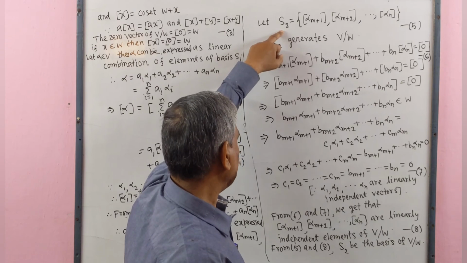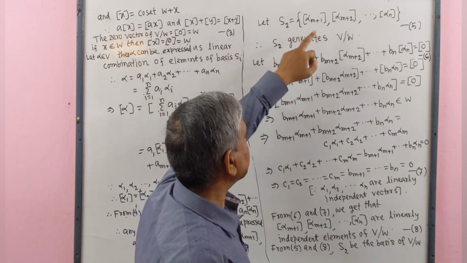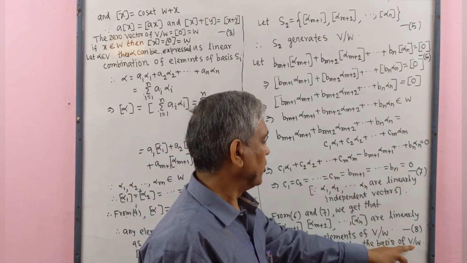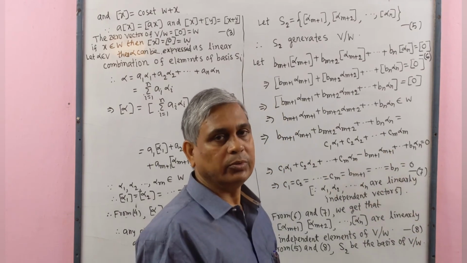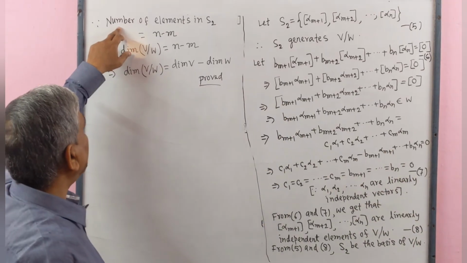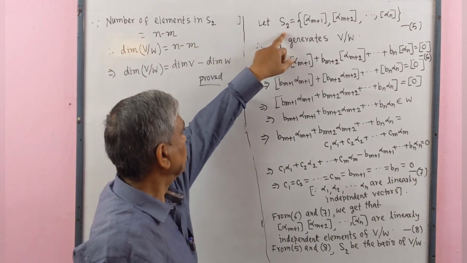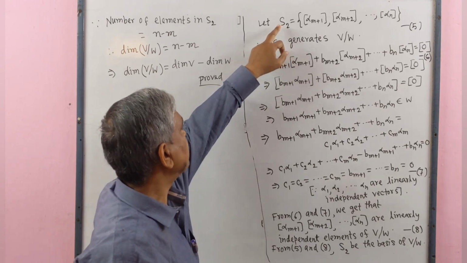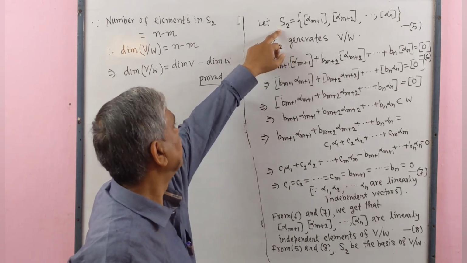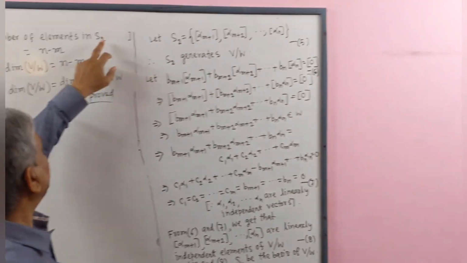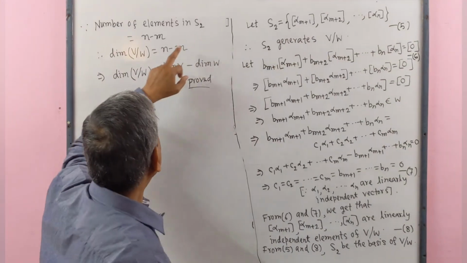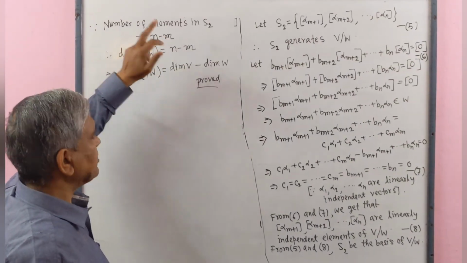That means S2 is the basis of V by W. The number of elements in S2 is n minus m.